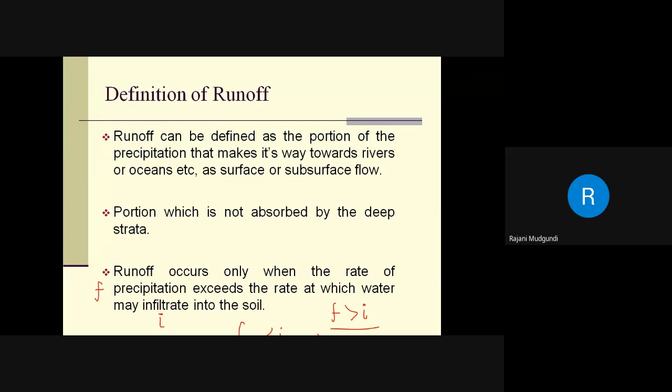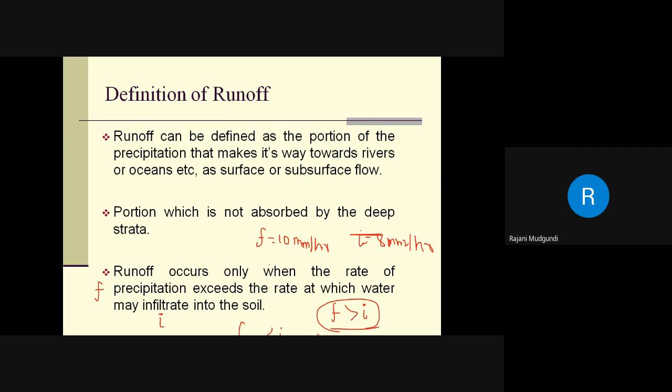the strata. Right? For example, if the rainfall intensity is 10 mm per hour, whereas I is equal to 8 mm per hour, what will happen?